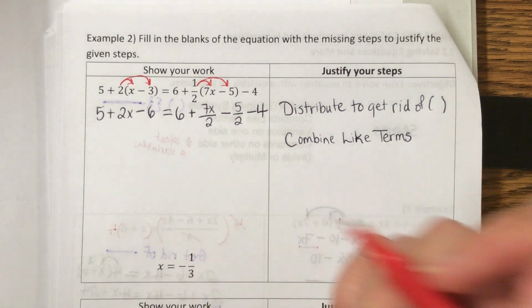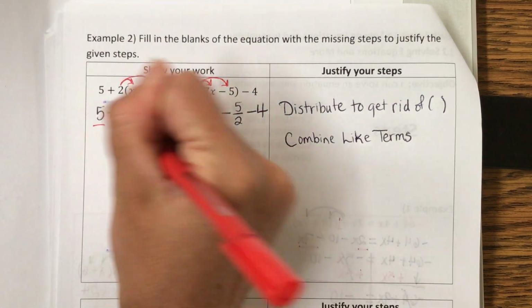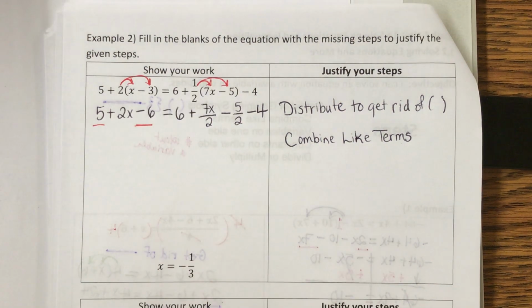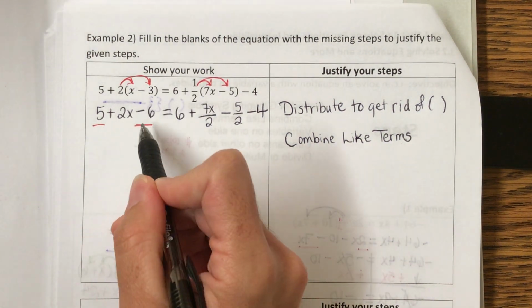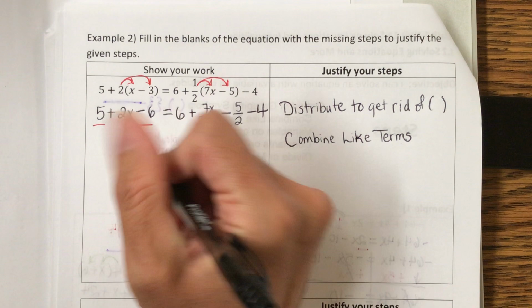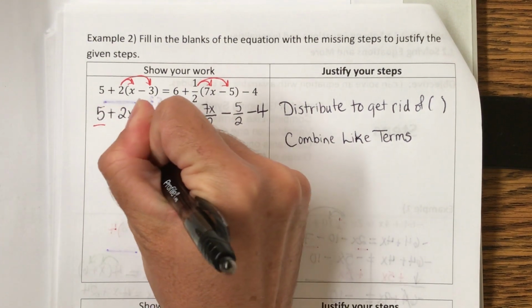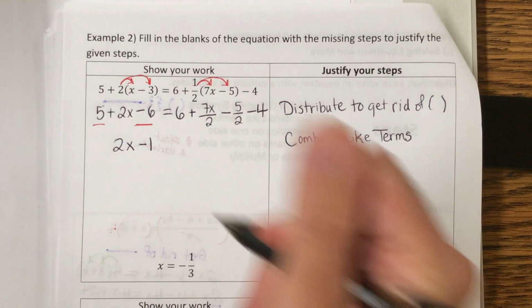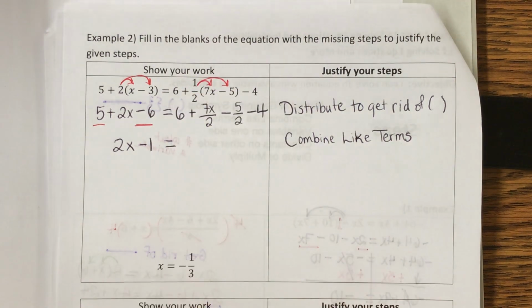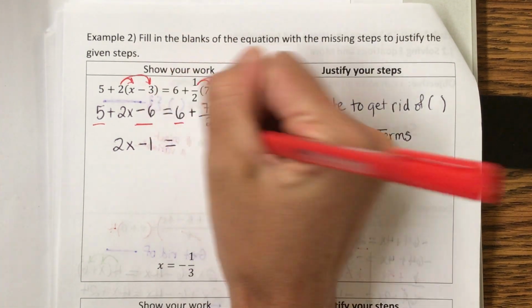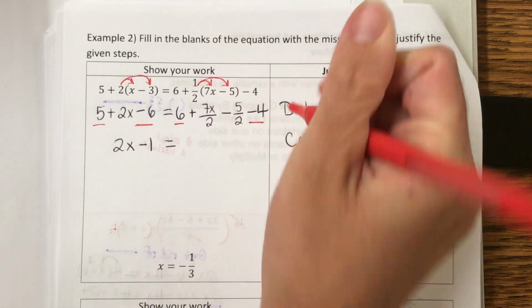So I'm going to start and I'm going to put this 5 and this negative 6 together. And I'm going to make that this becomes now 2x minus 1. And on this other side, for right now, the only thing I'm going to combine are my integers, my 6 and my negative 4.